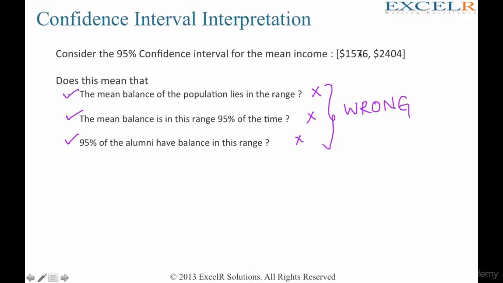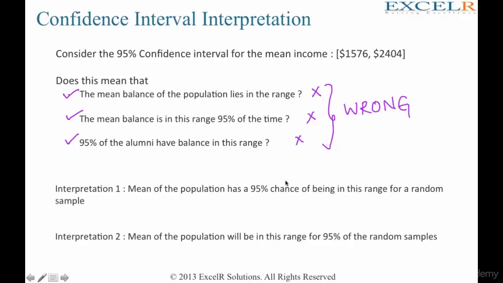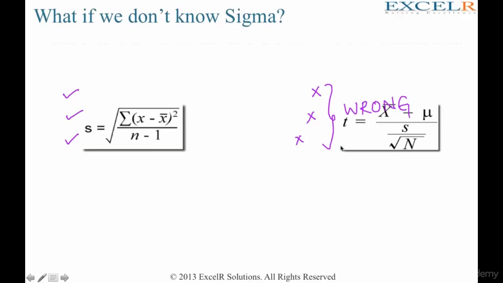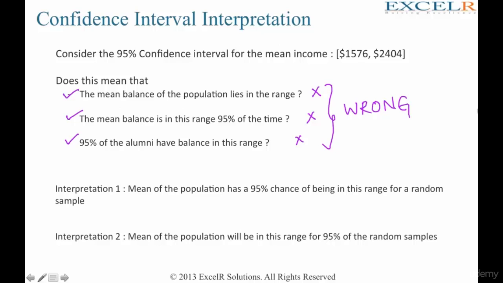There are only two representations which are actually possible, and those are as follows. First interpretation: population mean has a 95% chance of being in this range for a random sample.